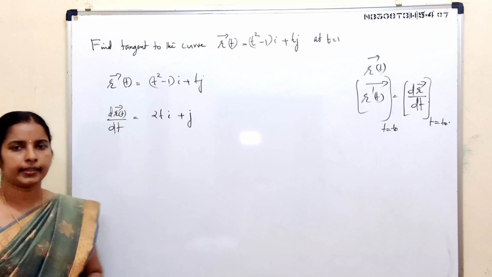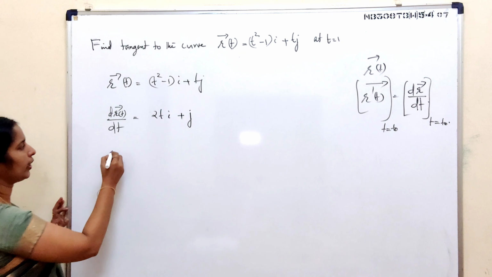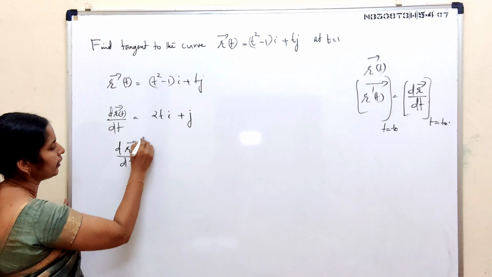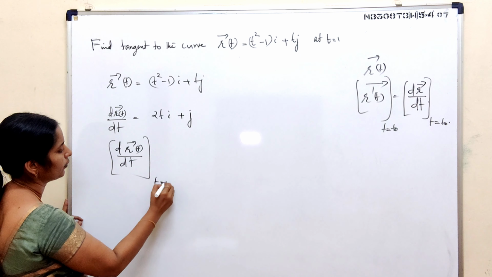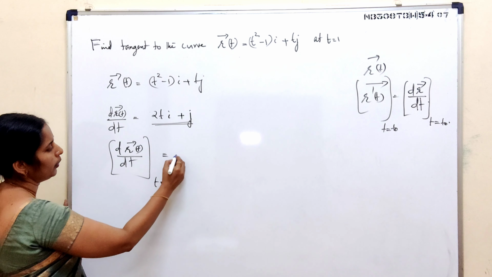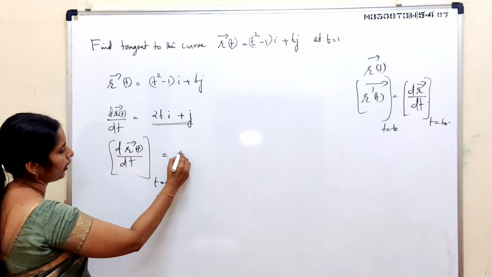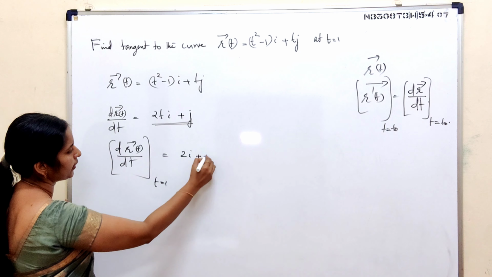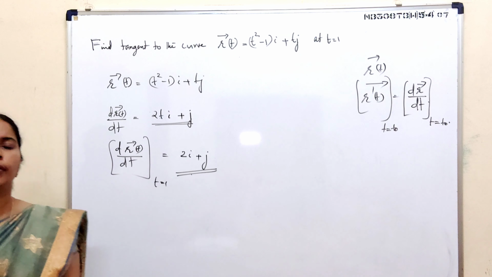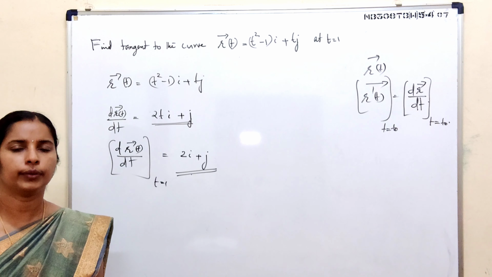See, this is the tangent. Next, we have to find the tangent at t = 1. So you put t = 1 here. So 2 into 1, that is 2. 2i + j. See, this is the tangent of the given curve at t = 1.